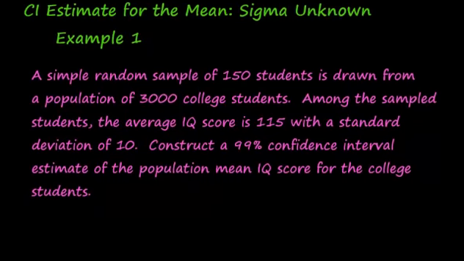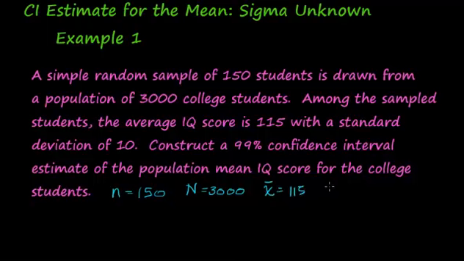Okay, so let's see what we are given here. We have a sample size of 150. They also give us the population size of 3,000, but that won't enter into our calculations. It's just some given information. They give us the sample mean, 115, and as we just discussed, the sample standard deviation of 10.